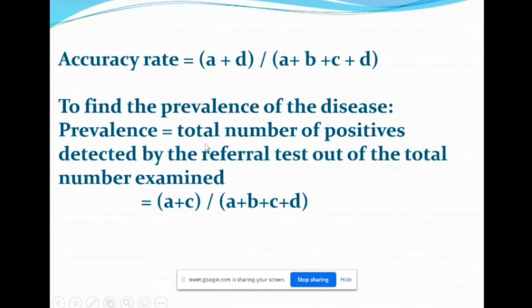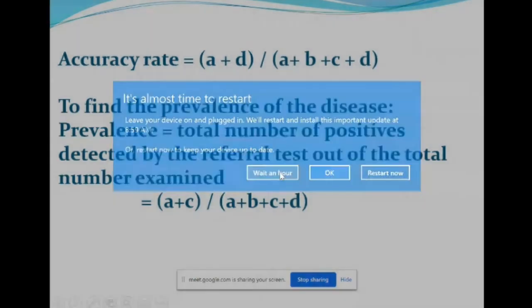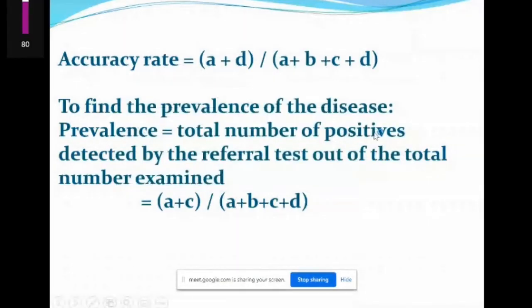While the prevalence of a disease can be measured from these data by dividing the total number of positives by all the population screened. So A plus C out of all persons, that is A plus B plus C plus D.